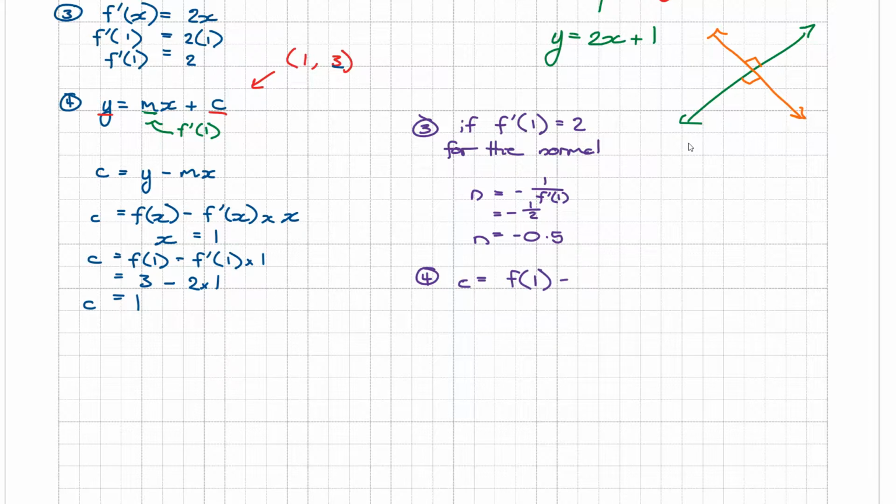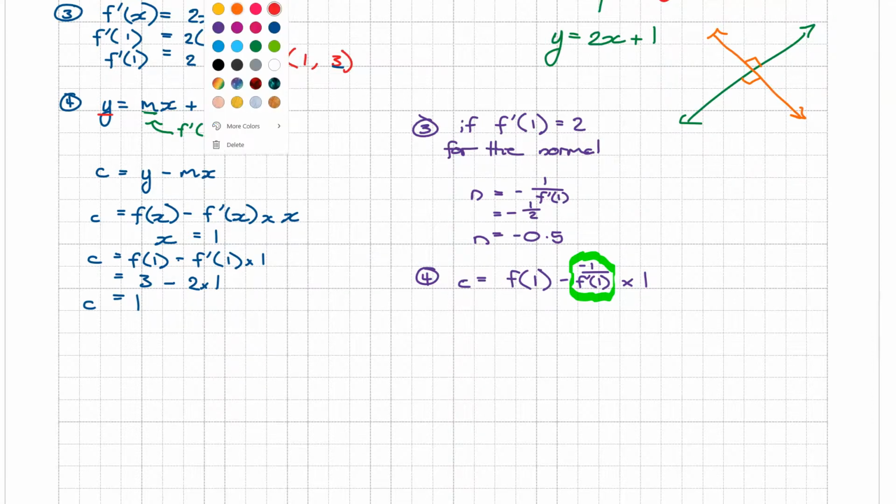Now using step 4, where we've got the c, the value of c equals f of 1 take f dash of 1 times 1, but using -1 over f dash of 1 instead, and recall that this in here is our normal.